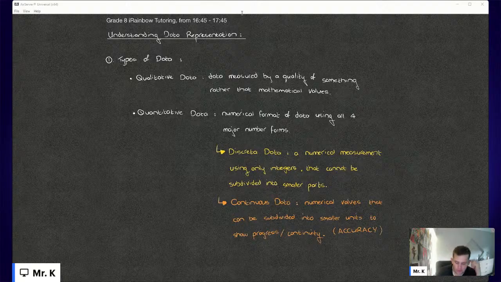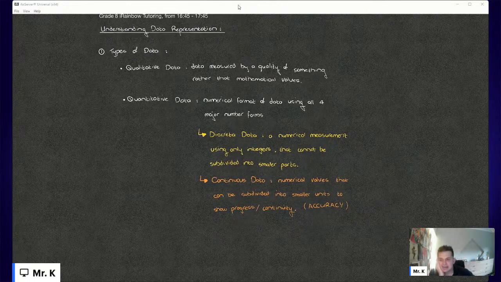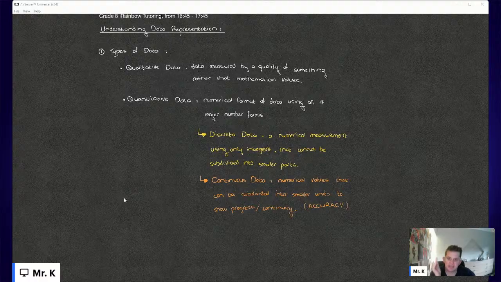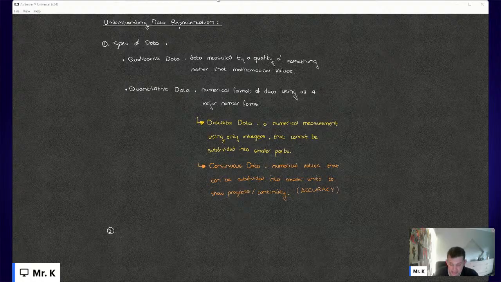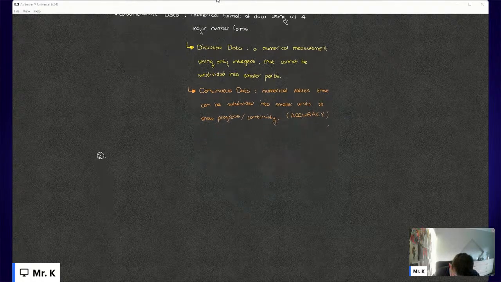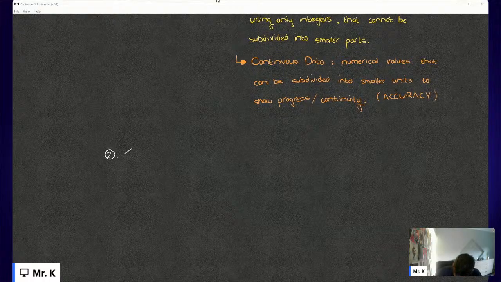Okay. So when we decide that we have a specific kind of data, how do we go about choosing which of the different types of graphs to work with? Well, let's go ahead and write down the types of representation. What are the different ways that we can represent our data? I'll give you guys an opportunity to copy in a second.